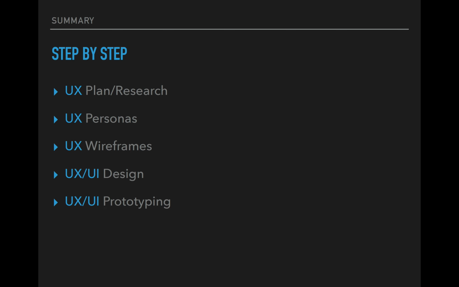So essentially, if there's a UX person specifically and a UI person specifically, this is where they would start to team up and work together, collaborating in the previous phases too, but really working together as a team on these parts with the UX, UI design phase and the UX, UI prototyping and carrying that through all the back and forth iterations until you get a final product that you can release.